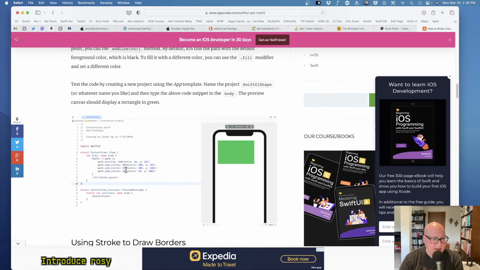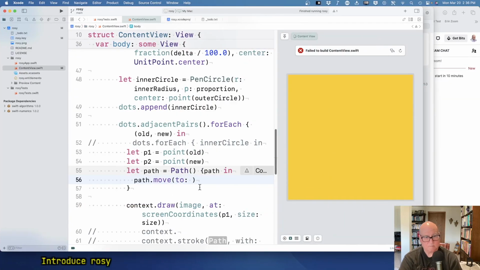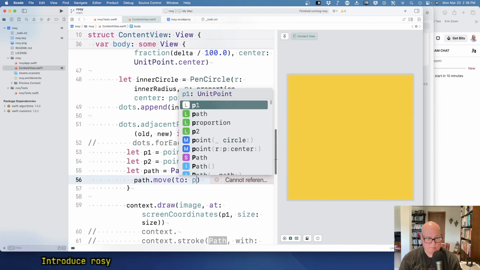Point and size. Oh, it's a CG point. Well, let's try P1.